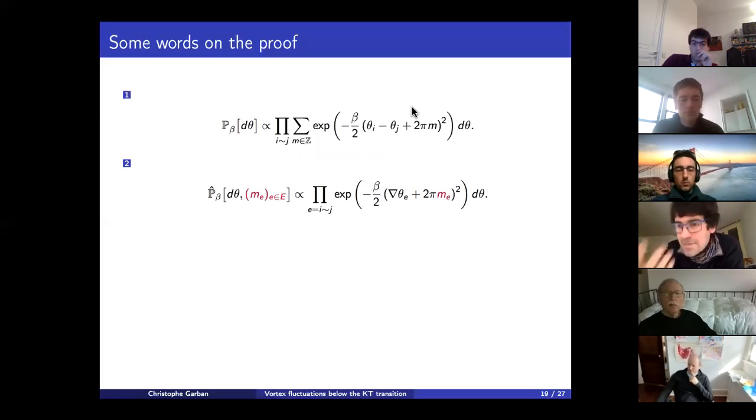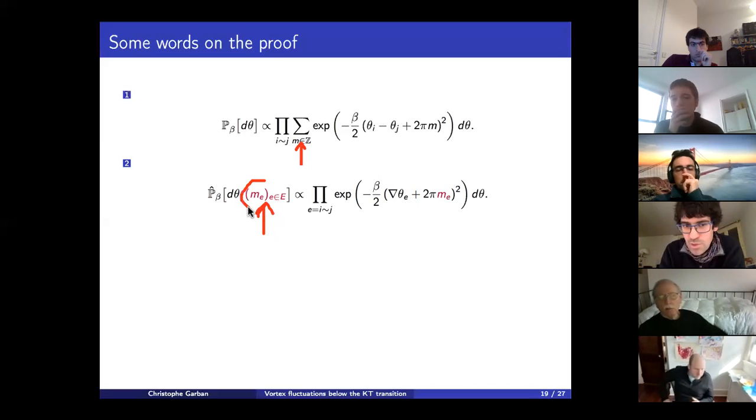The main idea of the work is that here, those integers are just there to make the Gaussian periodized, and they are kind of averaged out in the partition function. The idea of this work is to give more values to these integers m, and to promote this to a true random variable whose fluctuation will be important and useful.